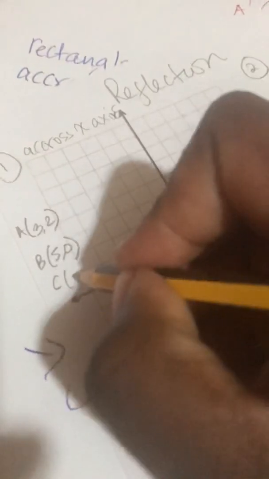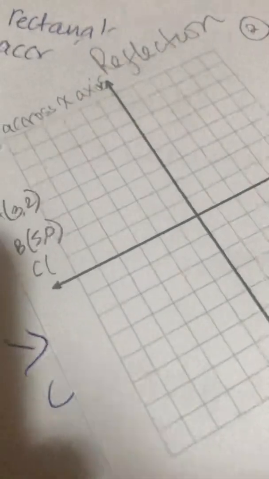All right, here A is 3, 2. B is 5, 0. And C is 5, 7. Okay.